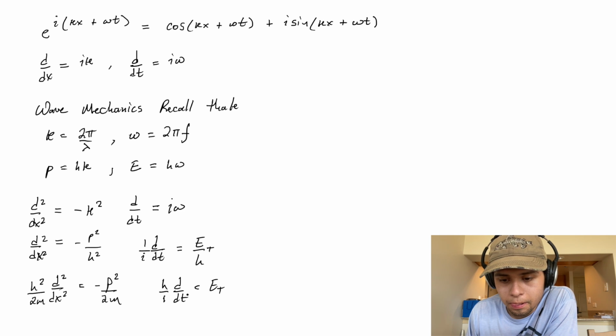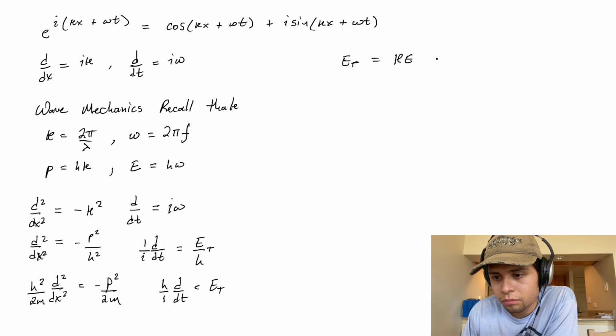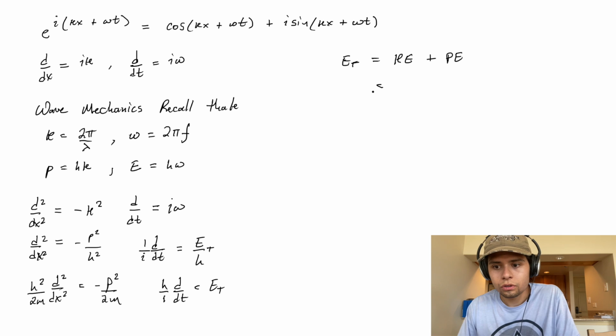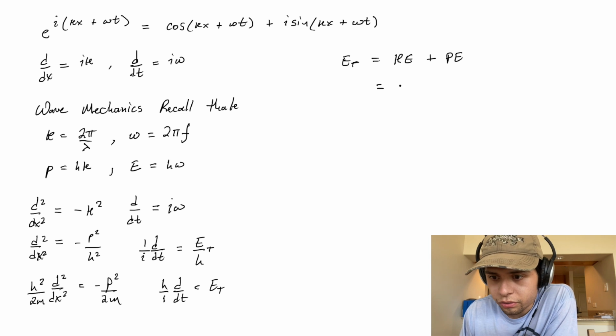And so we know that E total is equal to kinetic energy plus potential energy. Well, this is the kinetic energy, so that's just equal to h bar squared over 2m d squared dx squared.